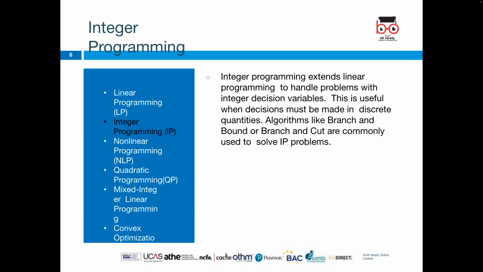What is integer programming? This type of programming extends linear programming to handle problems with integer decision variables. This is useful when decisions must be made in discrete quantities. Algorithms like branch and bound or branch and cut are commonly used to solve IP problems.